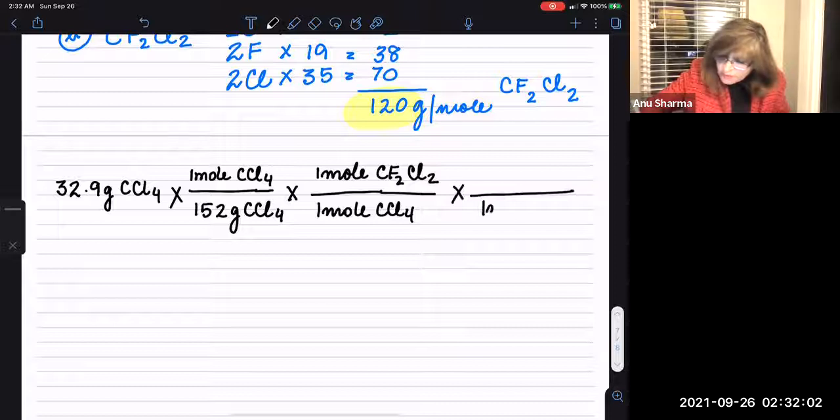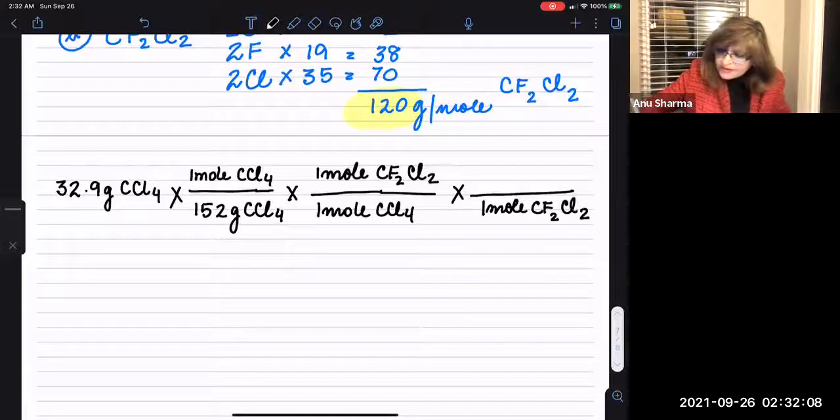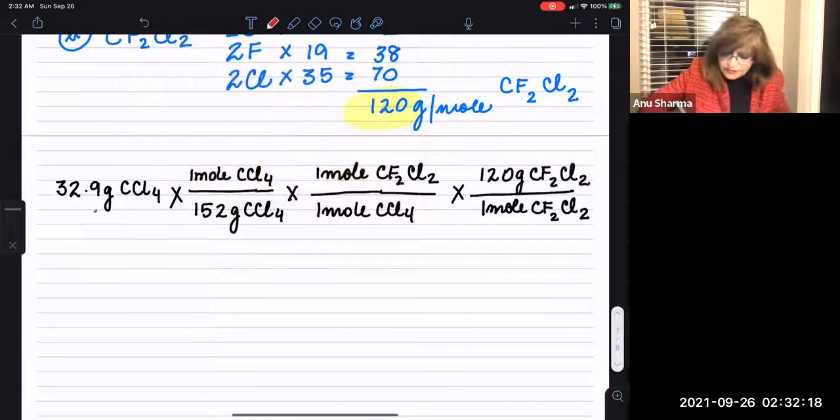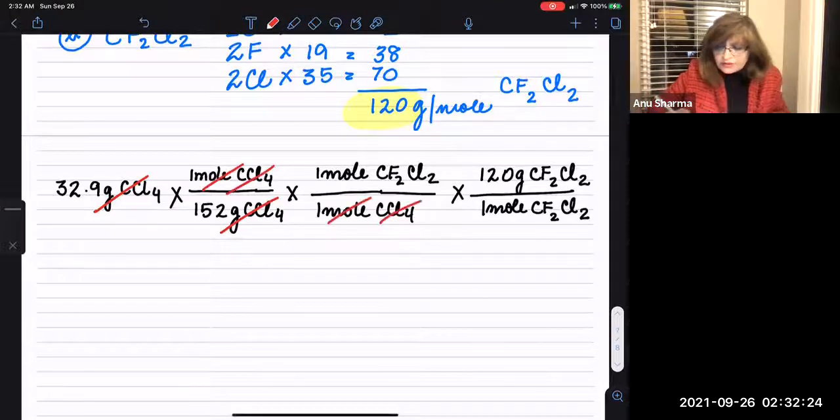Now next is grams. 1 mole of CF2Cl2 over 120 grams of CF2Cl2. Grams of carbon tetrachloride cancel, moles of carbon tetrachloride cancel, moles of CF2Cl2 cancel.